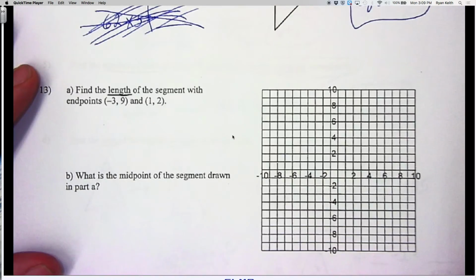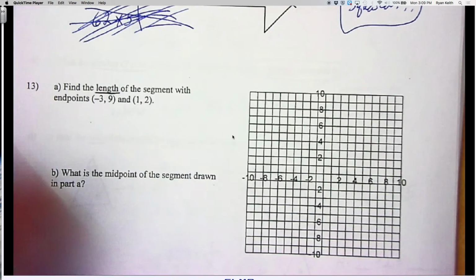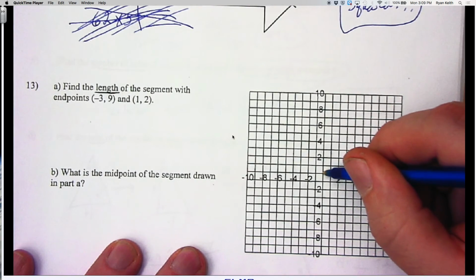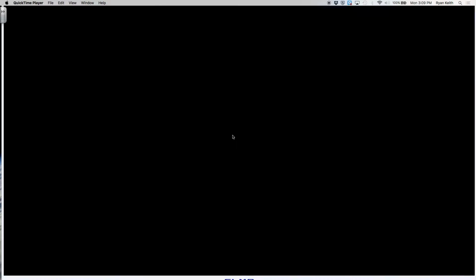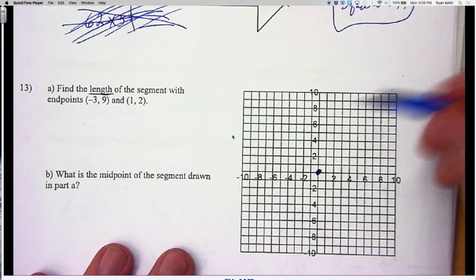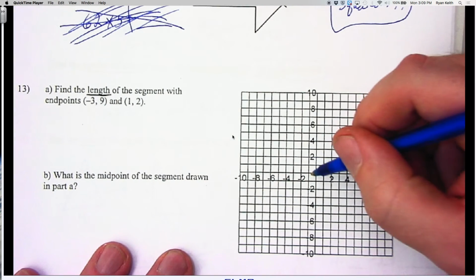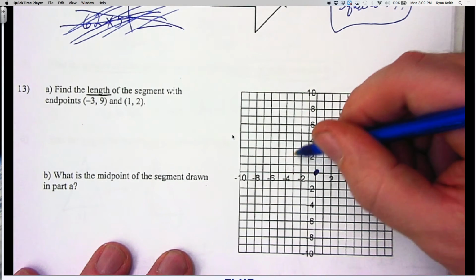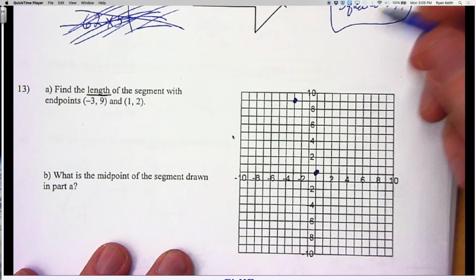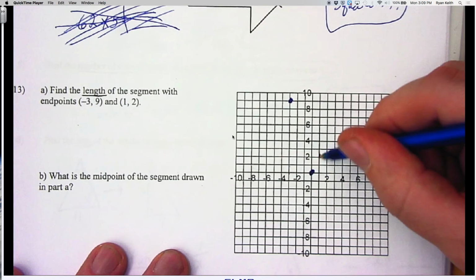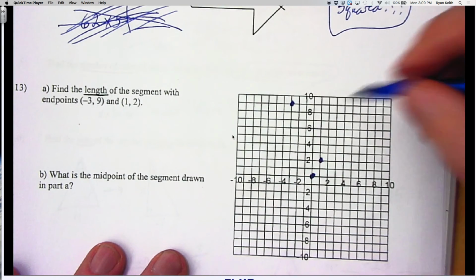Last but not least, the one review problem on the whole test. And I think that a lot of you had a hard time, since there was no center drawn in here, you had a hard time kind of putting these 2 points in the right spot. -3, 7, 8, -3 comma 9 is right there, and 1 comma 2 is right here. Okay?